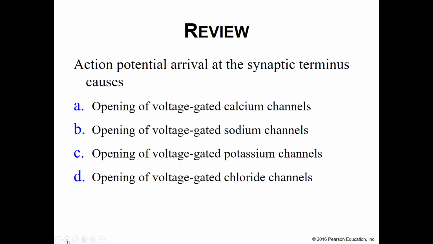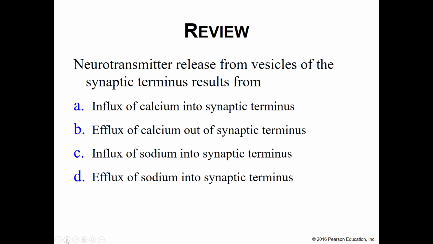Action potential arrival at the presynaptic terminus causes opening of voltage-gated calcium channels. So that action potential arriving at the synaptic terminus, on the presynaptic axon, opens the calcium channels to cause the synaptic vesicles to fuse with the membrane and release their neurotransmitter.